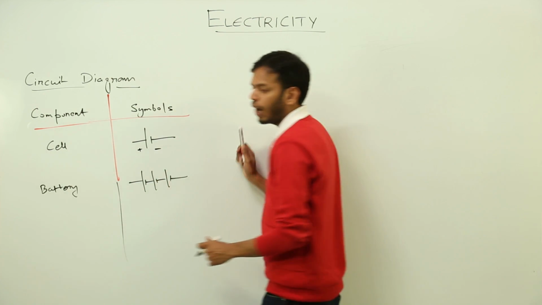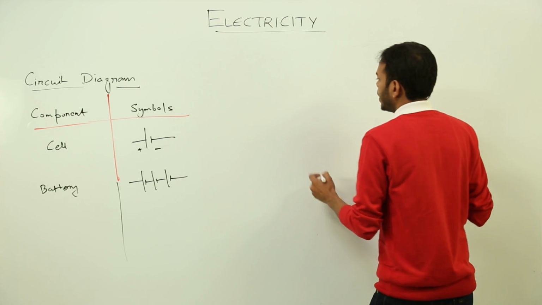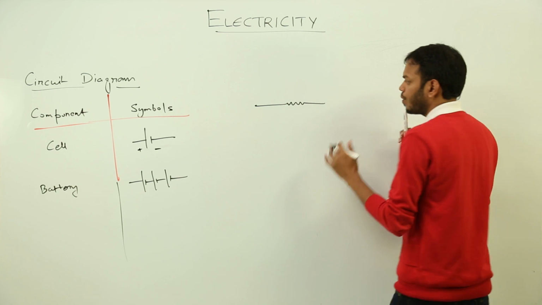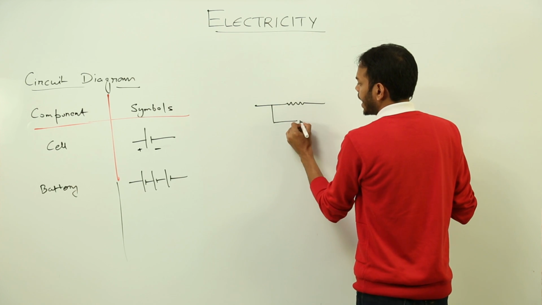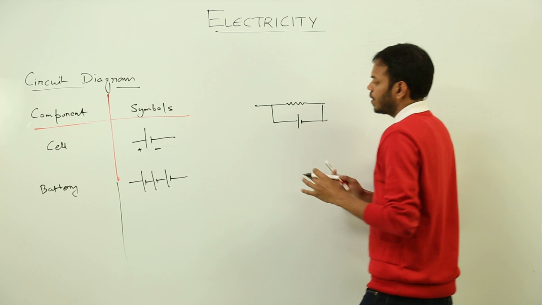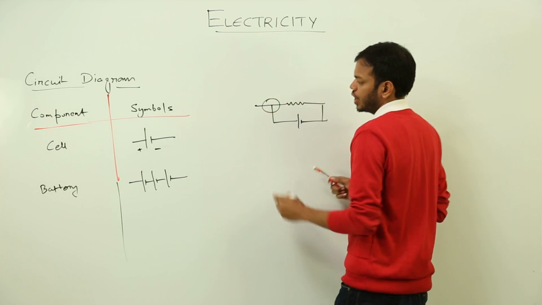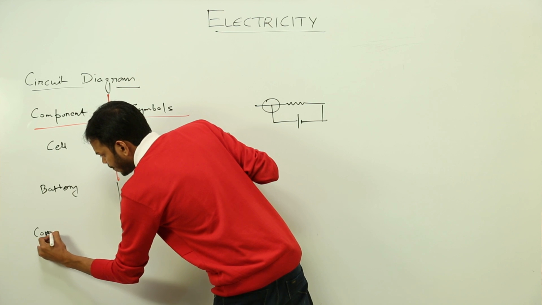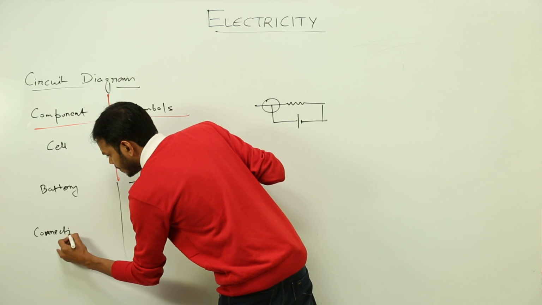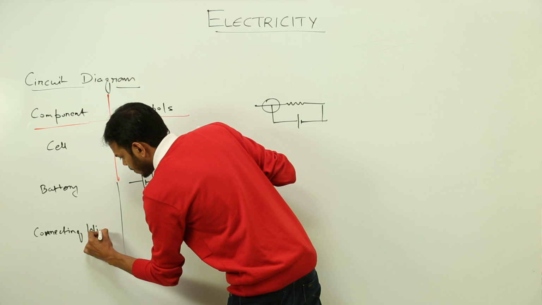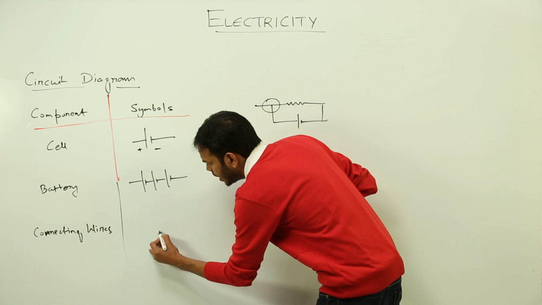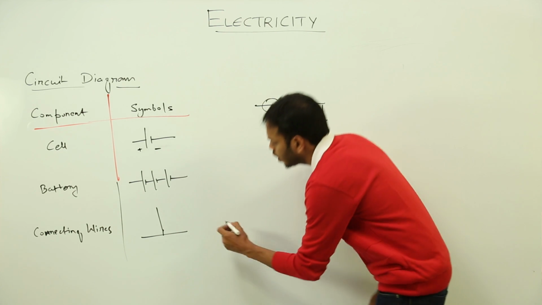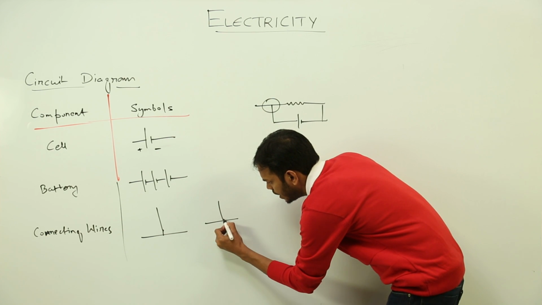Then when we connect wires in a circuit, for example, my circuit has something here, and we have another connection like this. For this type of connection, this is called connecting wires. Connecting wires are shown like this. In some books the same thing is shown with a dot over here.